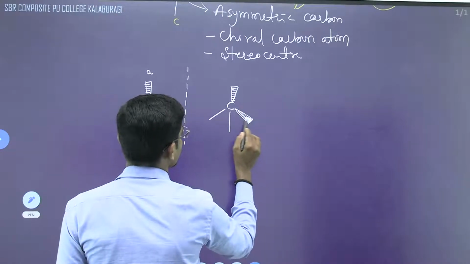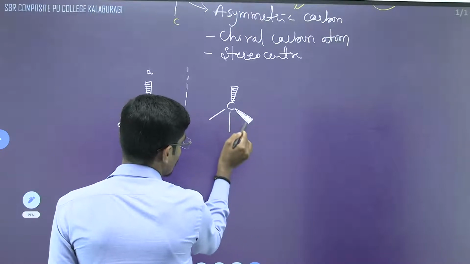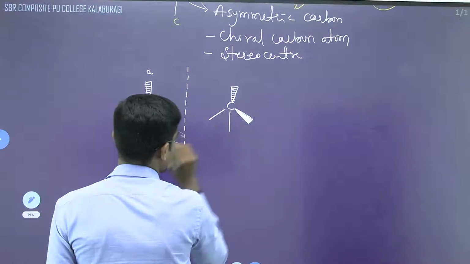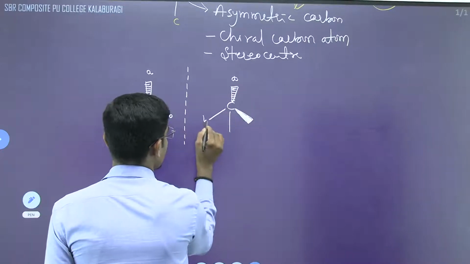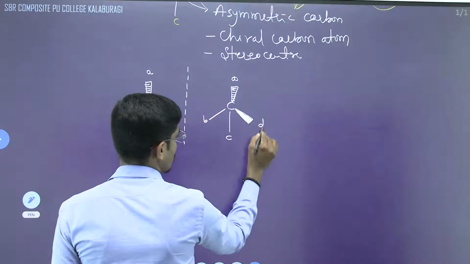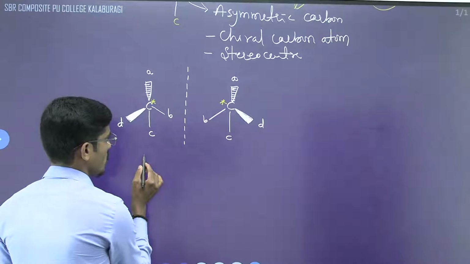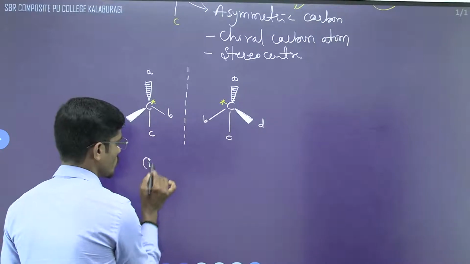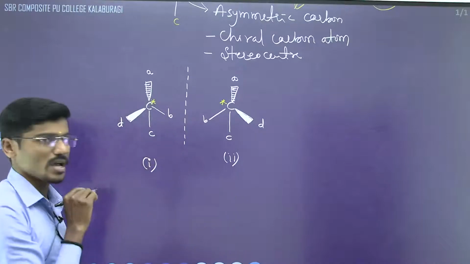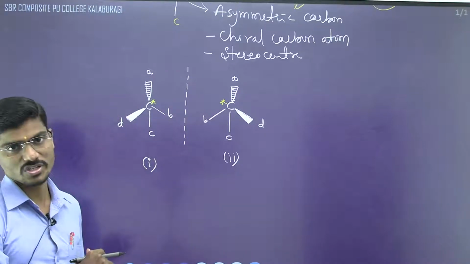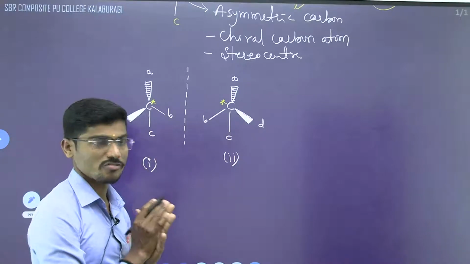So these two are mirror images of each other, and this is the chiral center. Look at structure 1 and structure 2. These two structures are mirror images of each other. Yes or no?